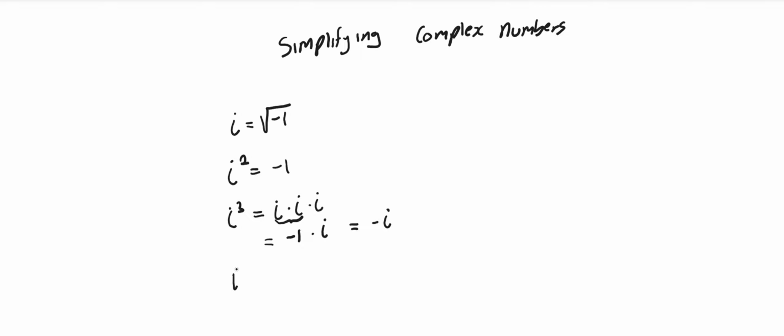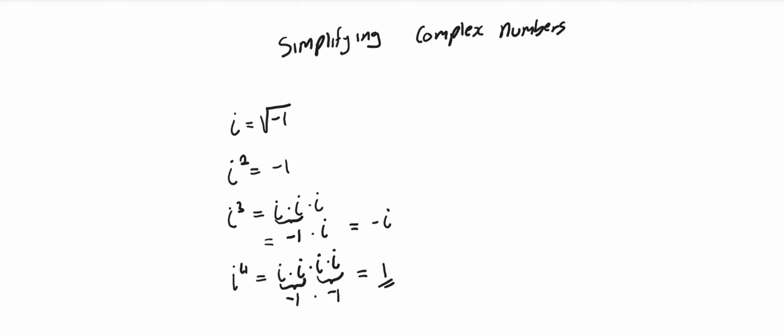And then i to the fourth would be i multiplied by i multiplied by i multiplied by i. So this is negative 1 and this is negative 1. Negative times negative is positive. So this is equal to 1.